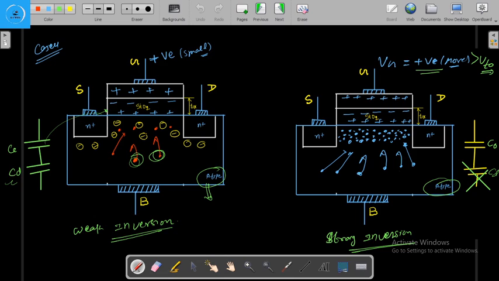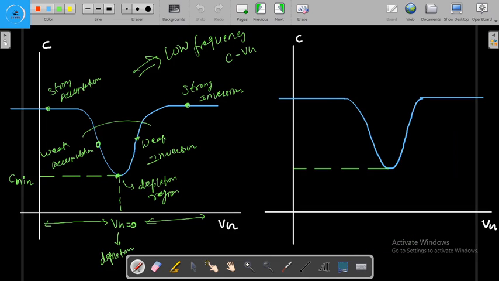Because of this process, the electrons will come slowly in between the source and the drain, and the holes will come fast. Hence we can say when we are increasing the frequency, the inversion will not occur; only the strong accumulation, weak accumulation and depletion will occur.